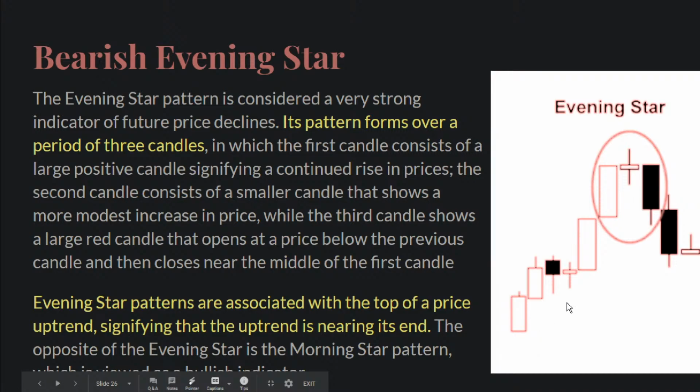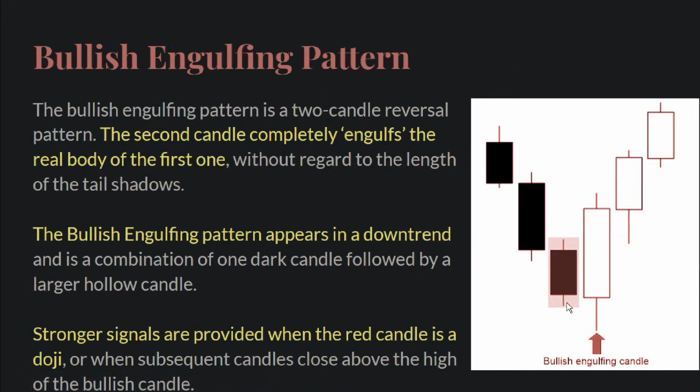All right. So bullish engulfing pattern is very similar to what we saw a few minutes ago with the haramis, but just to briefly go over it again, the bullish engulfing pattern is a two candle reversal pattern. The second candle completely engulfs the real body of the first, without regard to the length of the tail or the shadows.